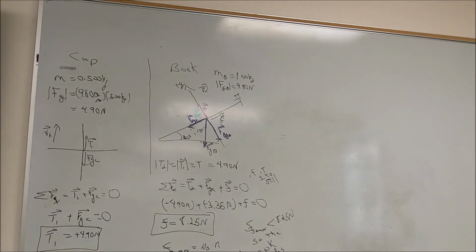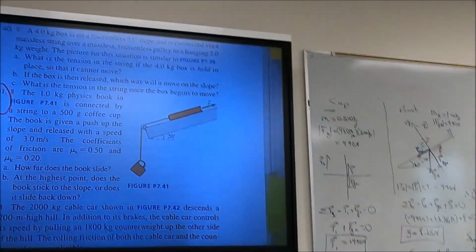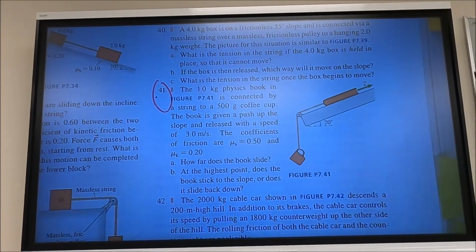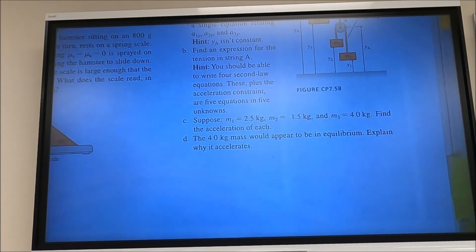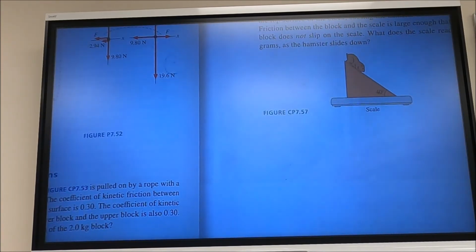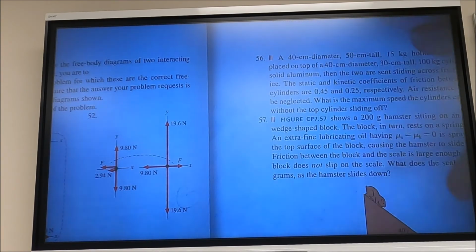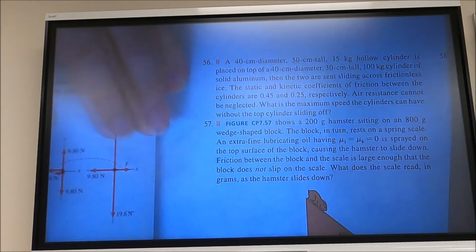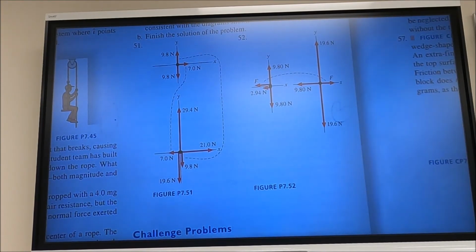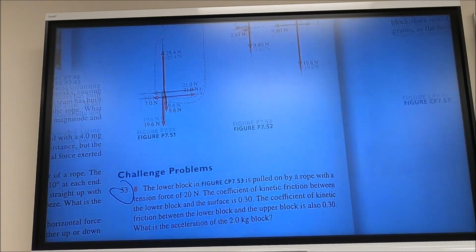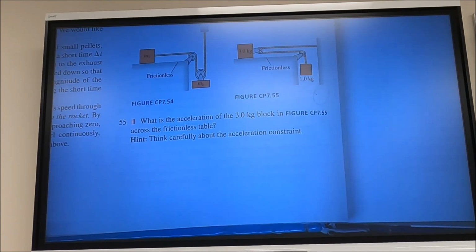Now, it's not uncommon for us to run into systems of equations. Okay, so expect them. Now, let's look at problem 55.